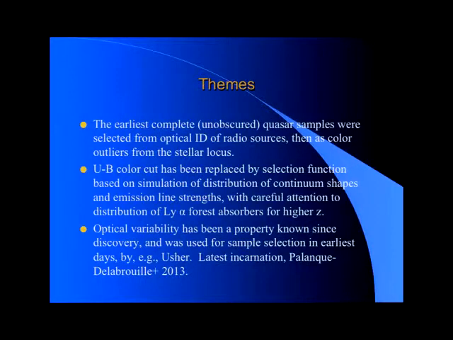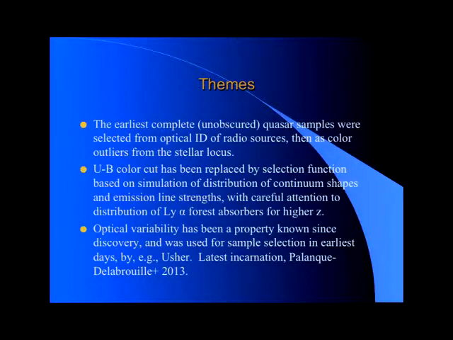So some things remain constant but have become much more sophisticated. The earliest complete samples were from the IDs of radio sources, and then since those almost without exception showed a rather strong bluer than stellar color, it was easy enough to try to cull them by looking for ultraviolet excess, plain and simple. And so now, as people recognized from the heritage that Maarten established, the selection function is all.